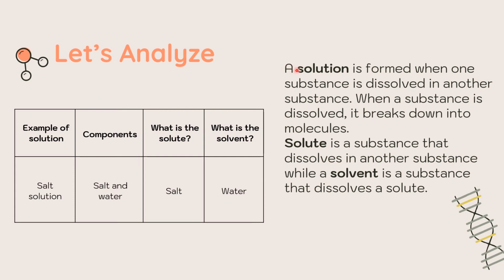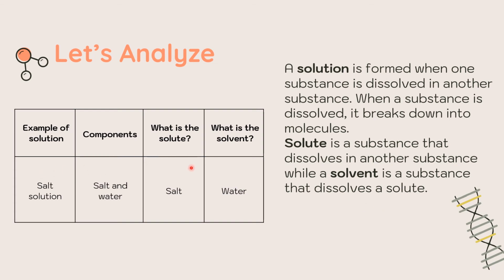So that is a solution when one substance is being dissolved in another substance. We are now going to differentiate what is a solute and what is a solvent. A solute is a substance that dissolves in another substance, while a solvent is a substance that dissolves a solute.